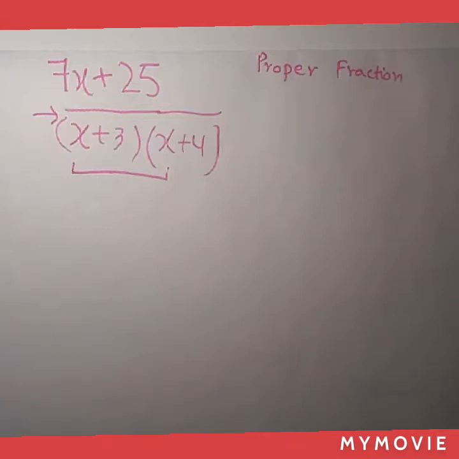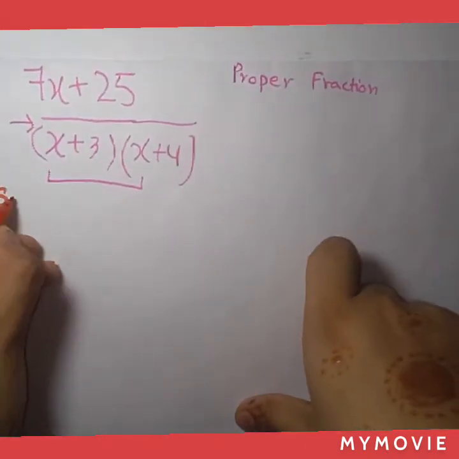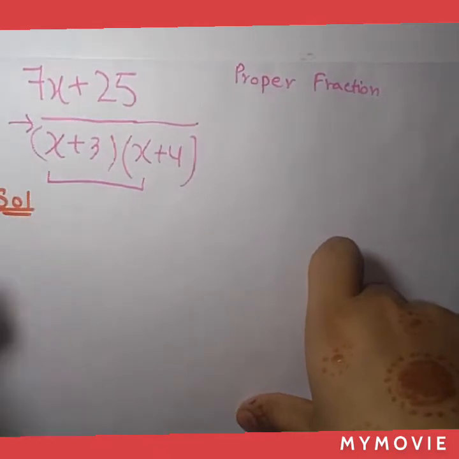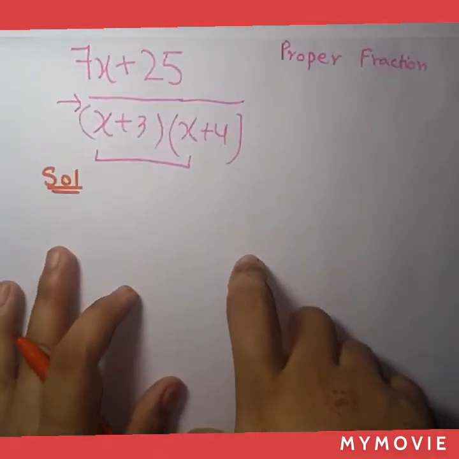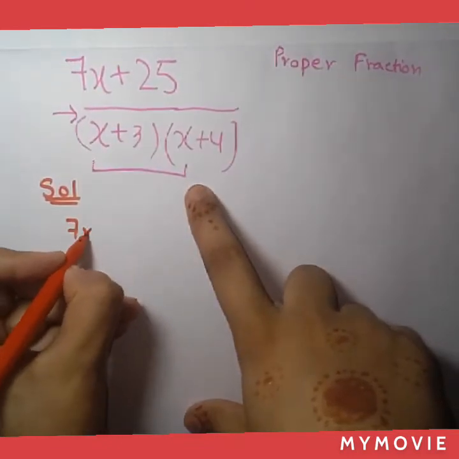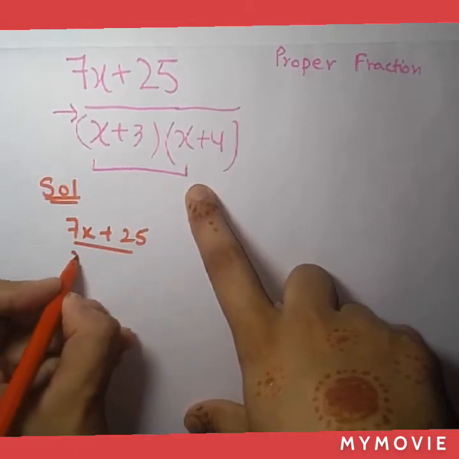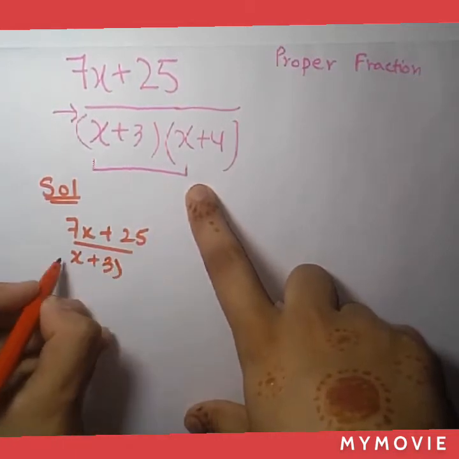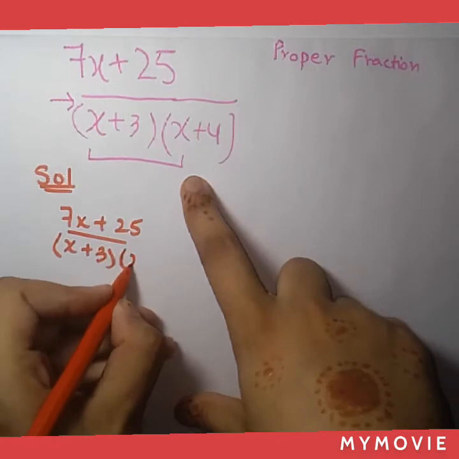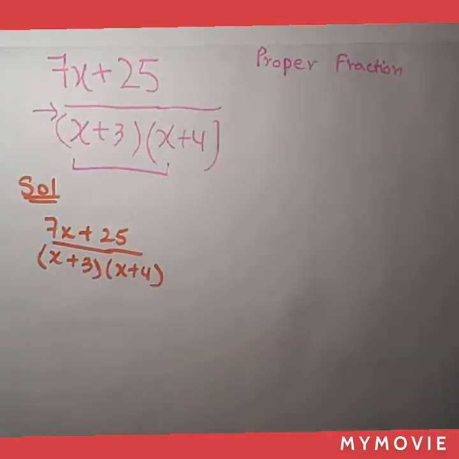Let's start. First of all, write the solution. Take the question as it is: (7x + 25) over (x + 3)(x + 4). These two terms are multiplying each other.